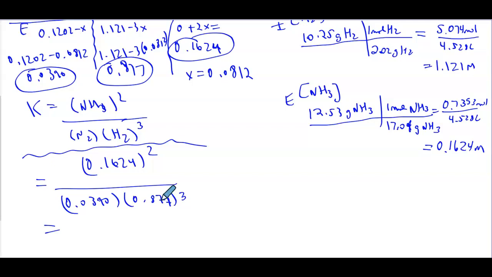I just don't like to take the time to do that. I get 1.00 for my value. And that concludes our number 16. I want to come back and just say that this would be K equals, obviously. So that is the answer that they asked us to solve for.